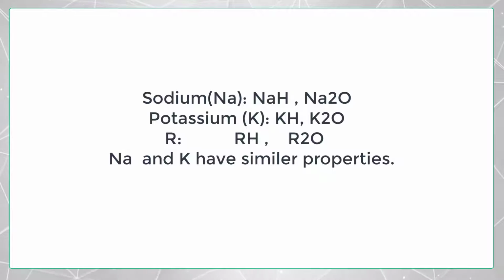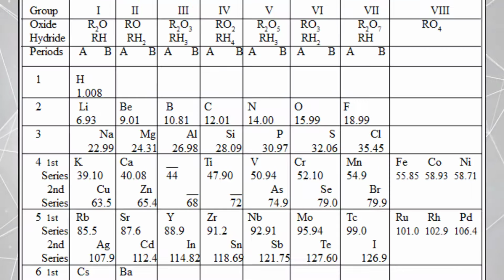Mendeleev used the formulae of oxides and hydrides to group the elements together. So if you look at the top row in Mendeleev's periodic table, you'll see these formulae for each group. Mendeleev's periodic table looked something like this. As you can see, for group 1, the oxide formula is R2O and hydride is RH. For group 2, the oxide is RO and hydride is RH2, and so on.